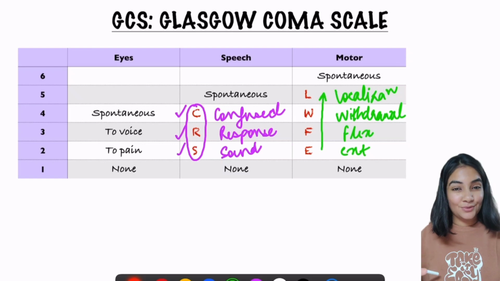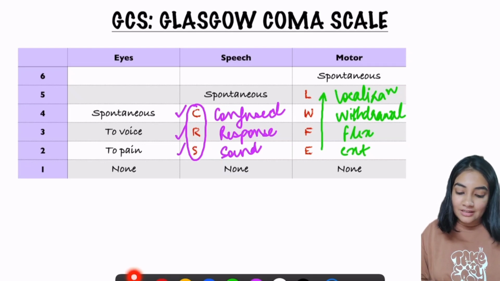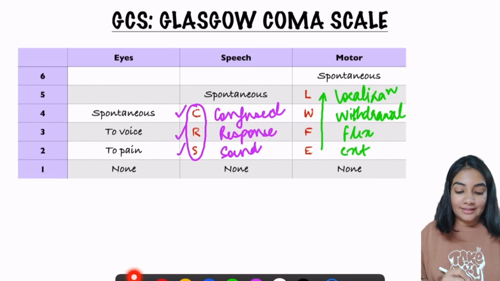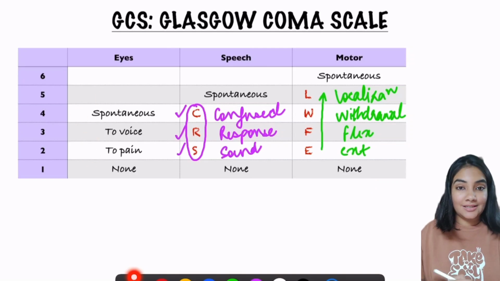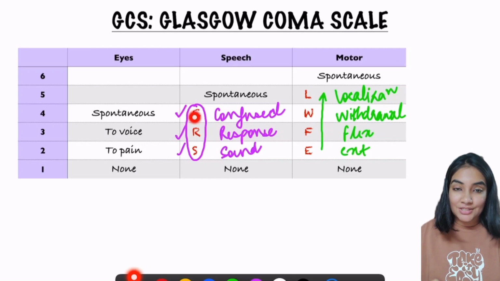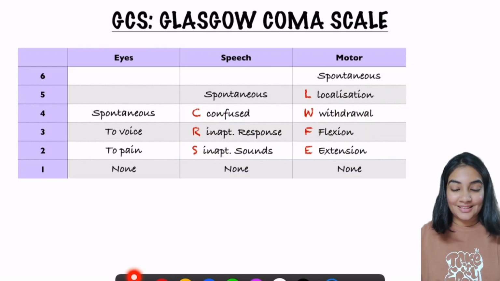So I hope Glasgow Coma score is clear with this. 1 for all is no movement, then increasing order. To pain, to voice, spontaneous. Speech we remember SRC, and motor we remember EFWL. Let's write this down clearly. Take a screenshot, teach it to a friend, and you'll remember it.